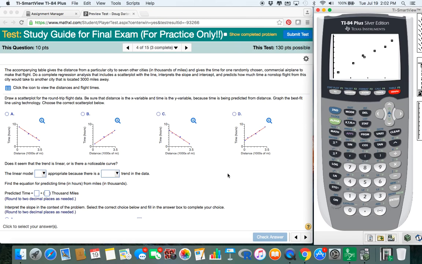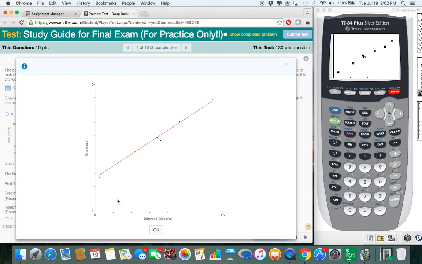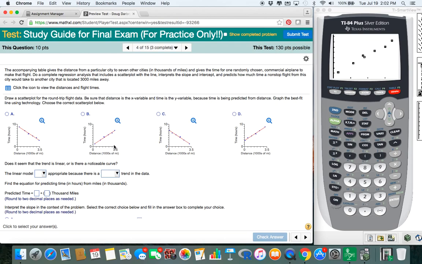So which one does it look like? Well, clearly it's either B or D, and I have to look a little closer to see which one I need. If I come in on D, I can see that it looks like my biggest is out here at 3.5.